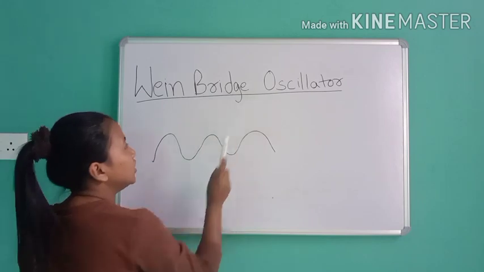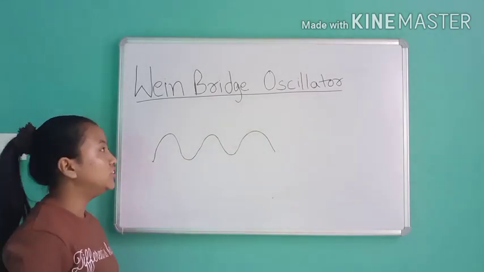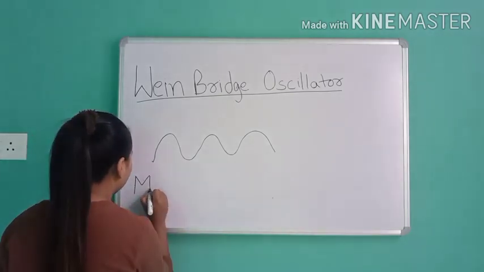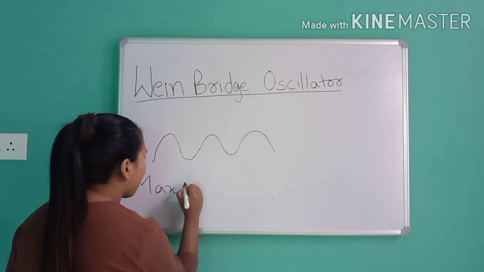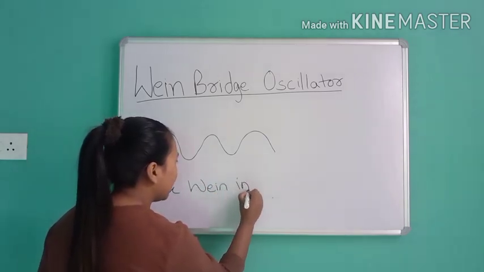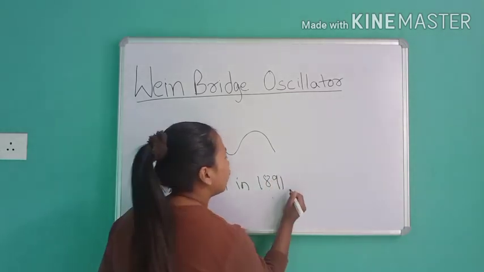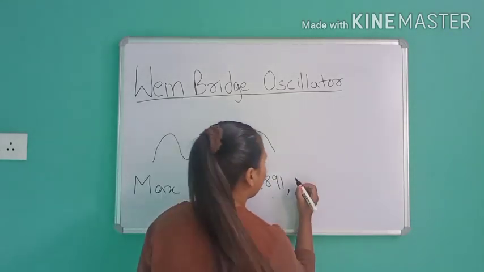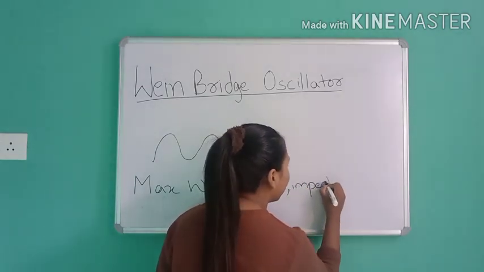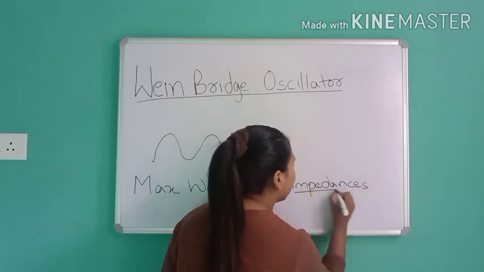Wein bridge oscillator is based on bridge circuit and was originally developed by Max Wein in 1891 for the measurement of impedance.